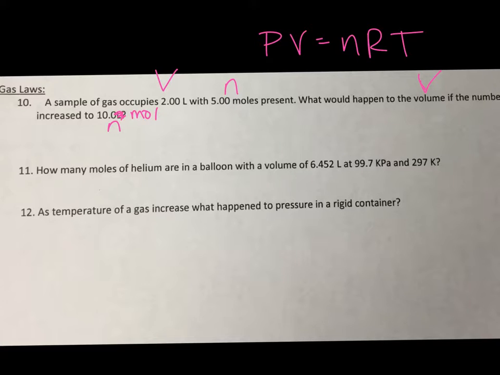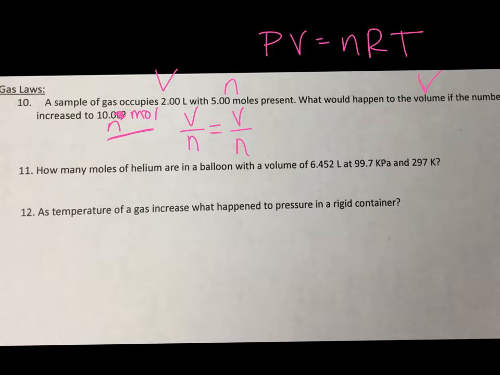Real quick, what happens if I increase the number of stuff in that container? What happens to volume? It gets bigger, right? Just like a balloon. This is about a balloon right here, okay? So this is Avogadro's law. Cool thing about that is you could either write it this way or you could write it this way. It really doesn't matter. It's the same relationship, okay?